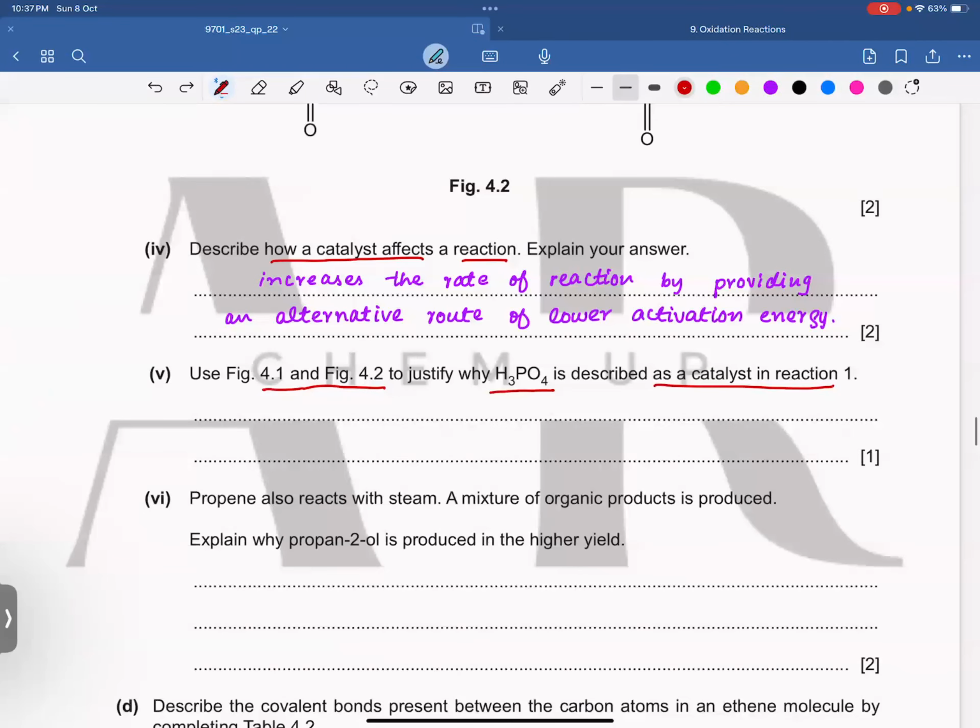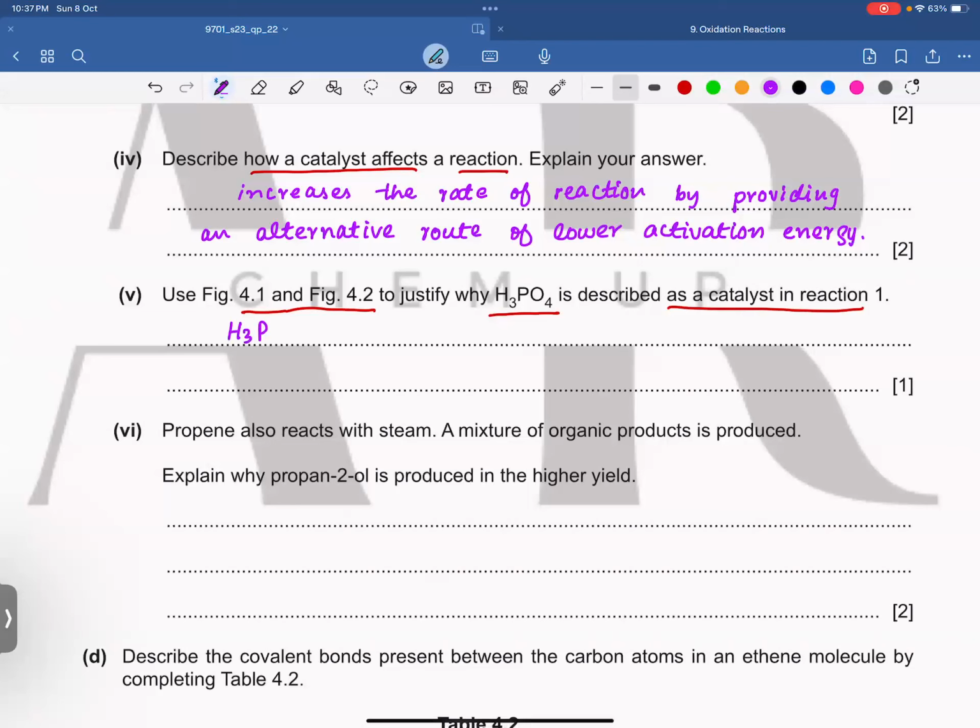So we will write over here that H3PO4 acted as a catalyst because it is reformed. Is this clear? Yes, sir.